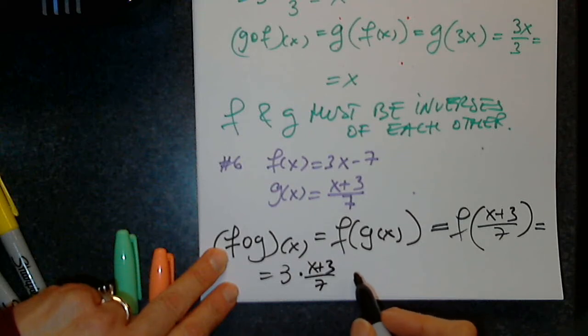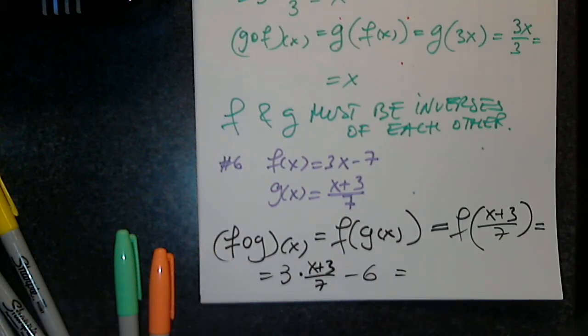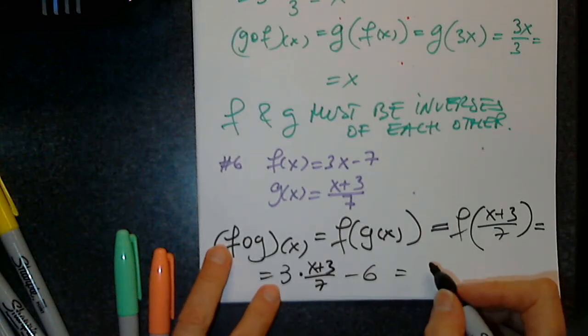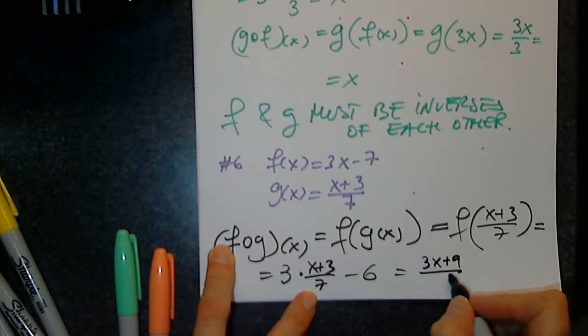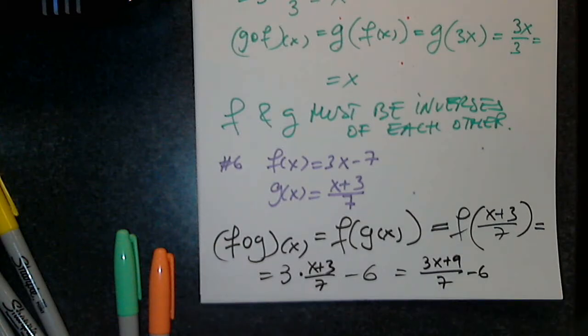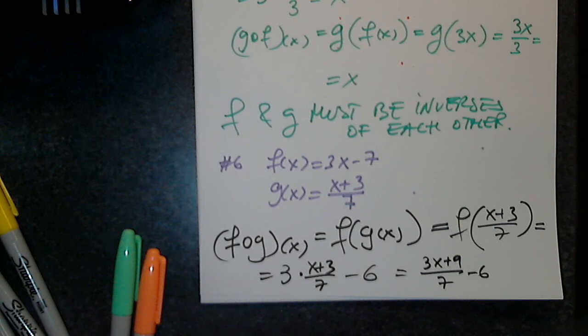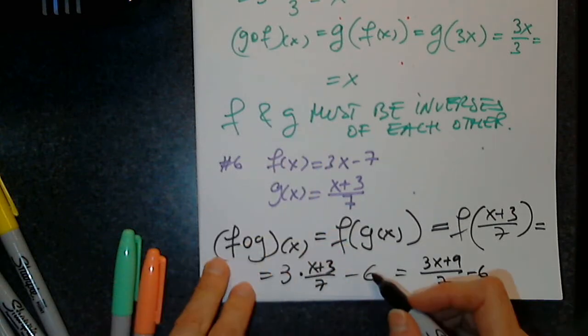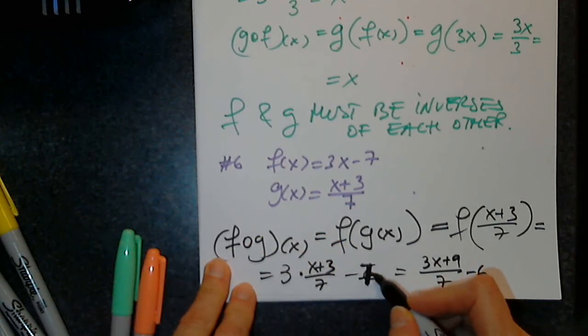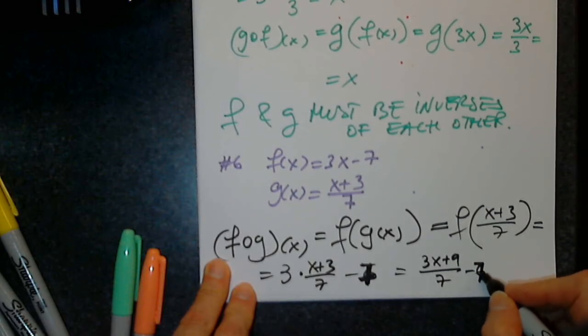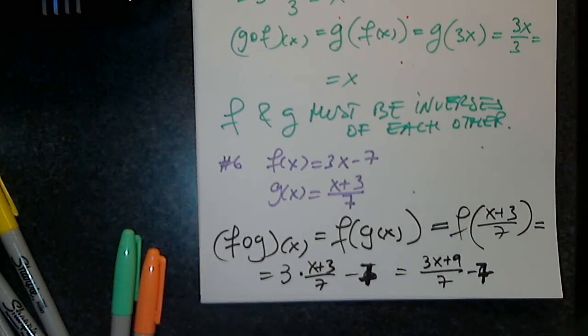And then, very good. So 3 over 1, I have to distribute. So it's 3x plus 9 over 7 minus 6. Yeah, it's minus, but it's minus 7. Oh, I'm sorry. No reason. I don't know why I said 6.